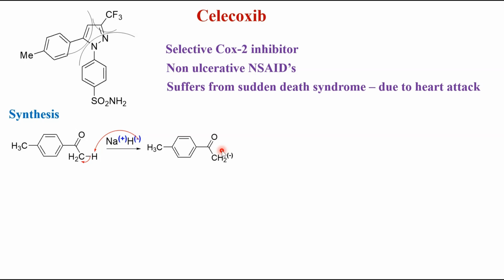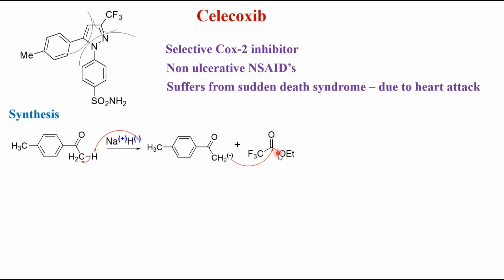The carbanion which is formed is highly unstable. It'll react with 1,1,1-trifluoroethyl acetate. It is the carbonyl carbon. This carbonyl carbon is flanked between oxygen and CF3, the two electron withdrawing groups, thus rendering this carbon an electrophilic center. It is an electrophilic center, and the carbanion is an electron rich carbon.